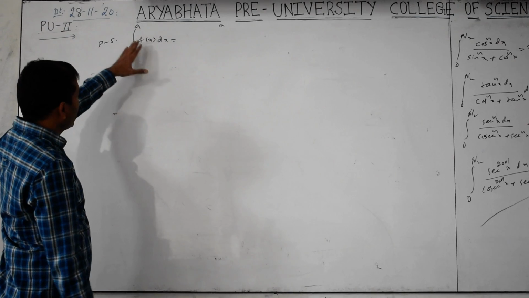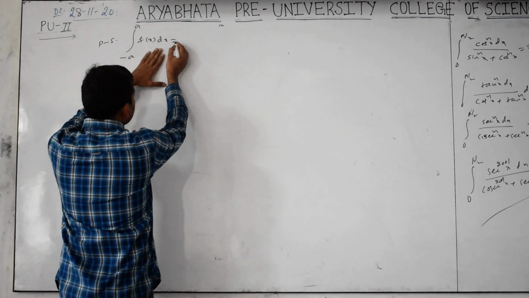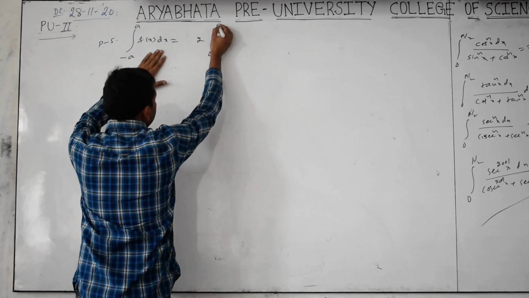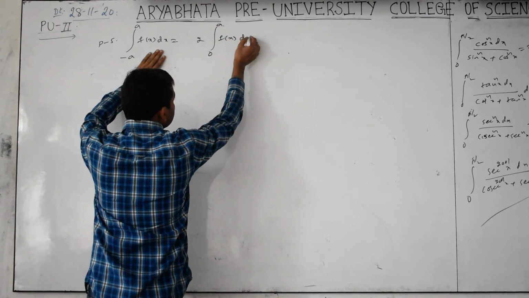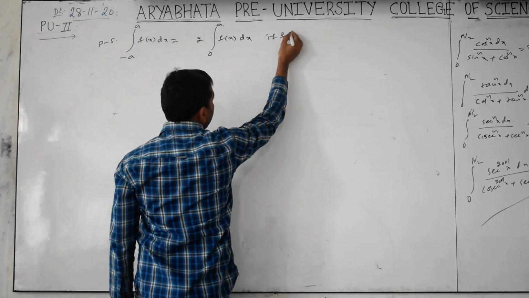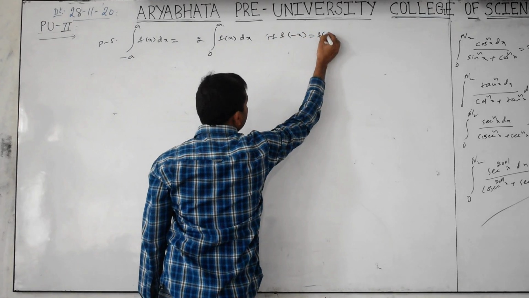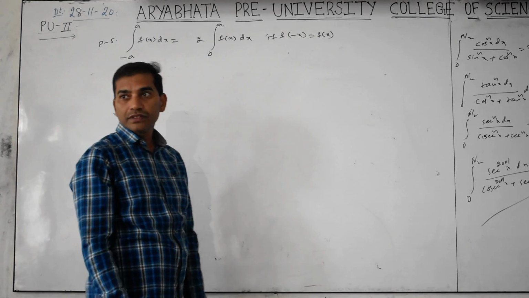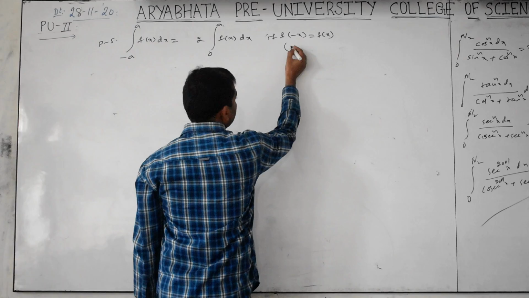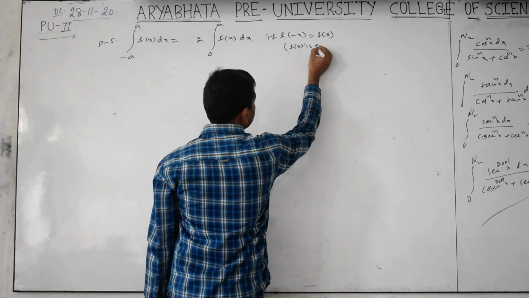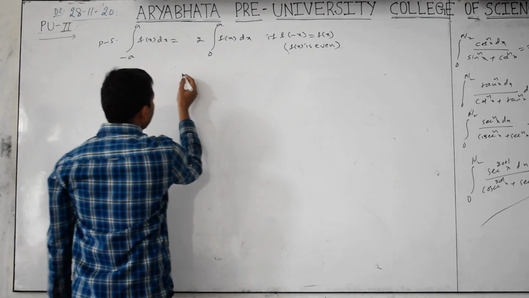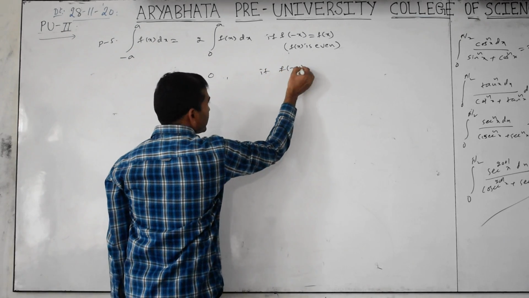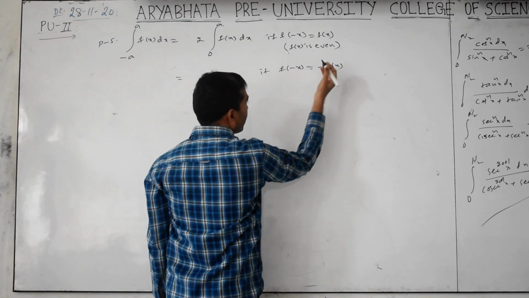Integration from minus a to a of f of x dx equals 2 into integration from 0 to a of f of x dx, if f of minus x equals f of x, that means f of x is an even function. And this is equal to 0 if f of minus x equals minus f of x.